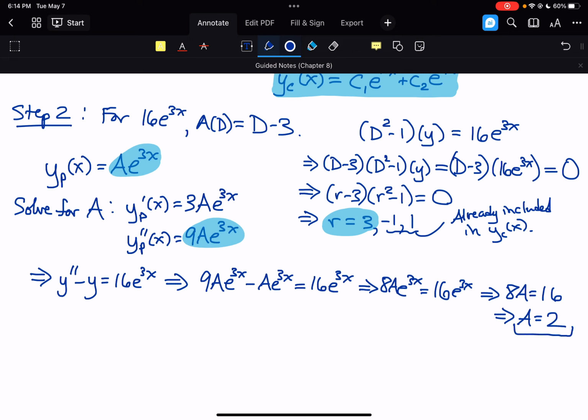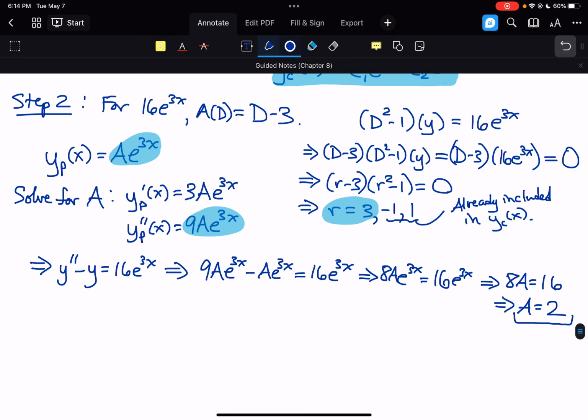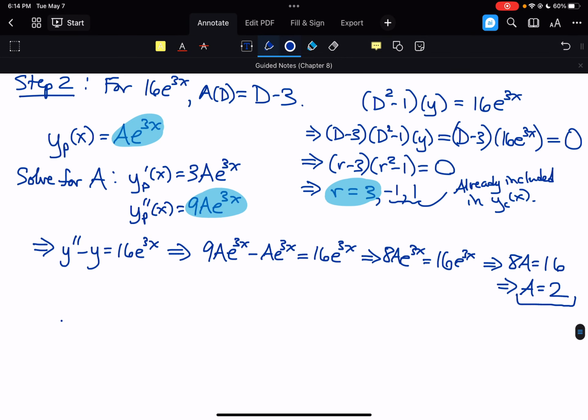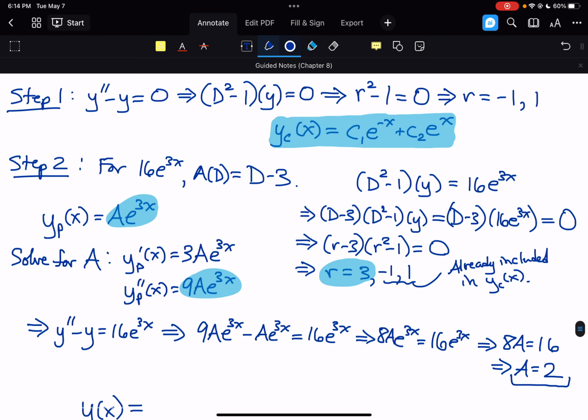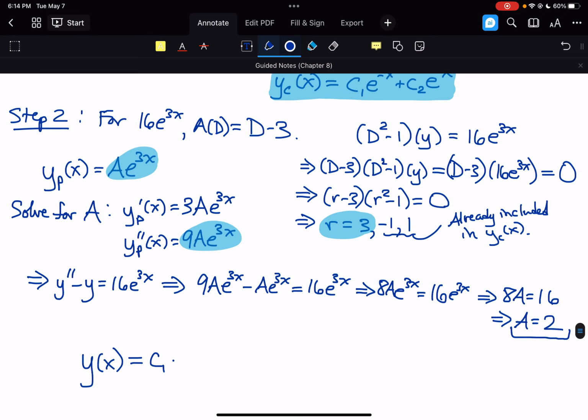So we're going to take that value for a in our particular solution. So in this solution right here, we know that a must be 2. And so our final total solution is just complementary plus particular. So we're going to have c1 e to the negative x plus c2 e to the x plus 2 e to the 3x.